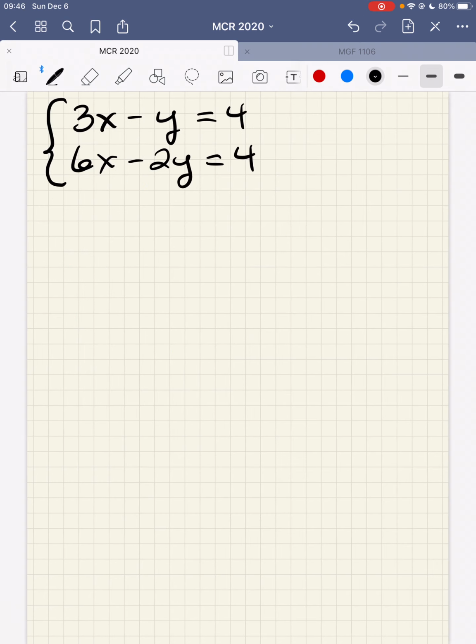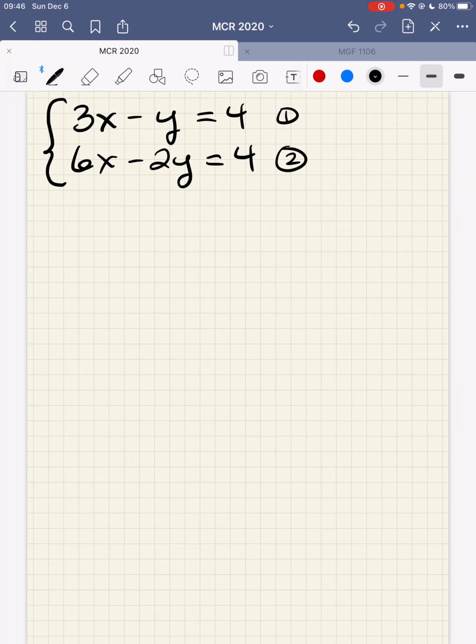Here's another example here. So I'm going to label my equation 1 and 2. And I'm going to go ahead and look at what I might want to cancel. Okay, first of all, neither one of these are exact opposites of each other. So this is going to look a little weird.